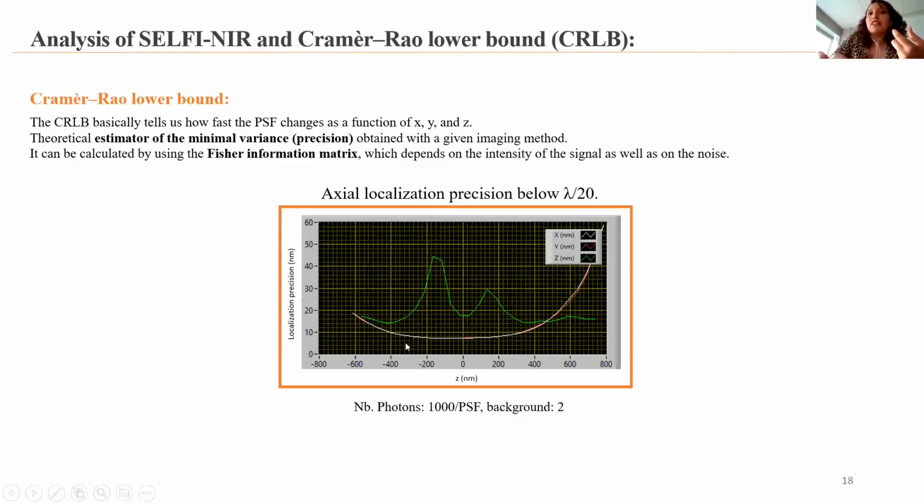The precision that we can obtain is always below 50 nanometers for the axial localization. That means that we obtain a precision of below lambda over 20, which is very high considering that we are in a long wavelength regime.